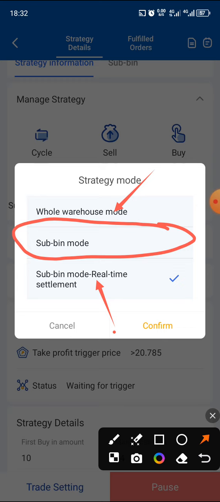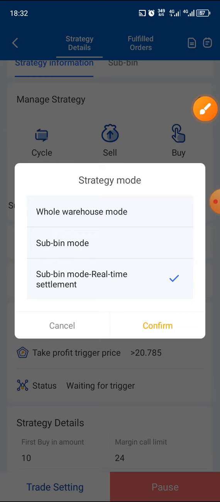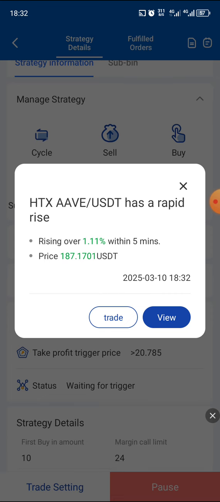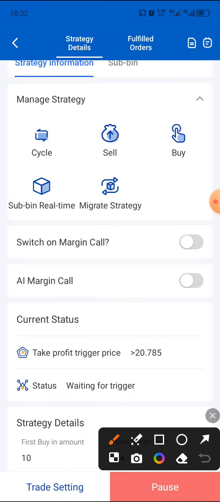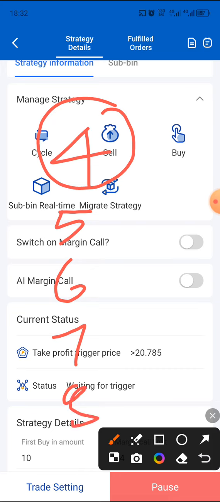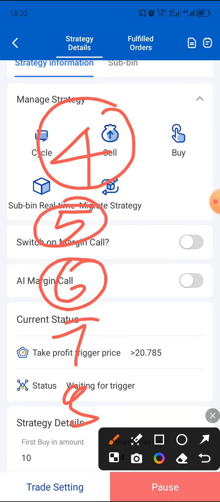Since we all know that in the sub-bin mode real-time settlement, our robot, when it buys the first 4 margin calls, sells them at once. But when it buys the 5th, the 6th, the 7th, 8th, up to your limit, these margin calls are sold independently.